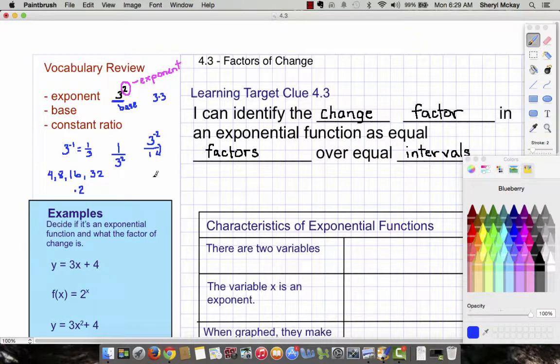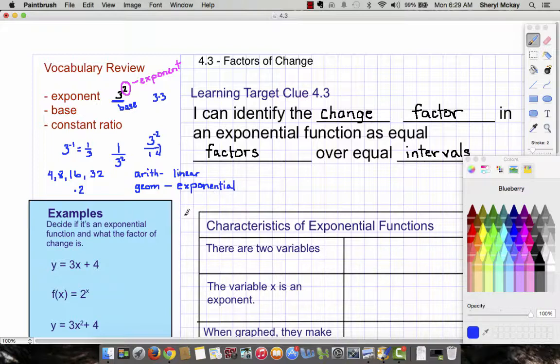So in arithmetic sequences, we had a constant difference, and that was a linear function. And in geometric sequences, we have a constant ratio, and that is an exponential function, which is what we're going to be talking about today, exponential functions. All right?